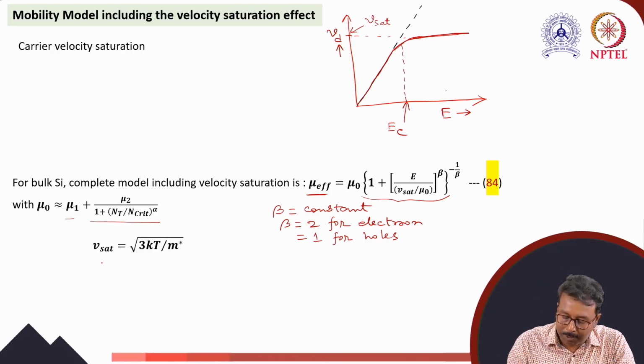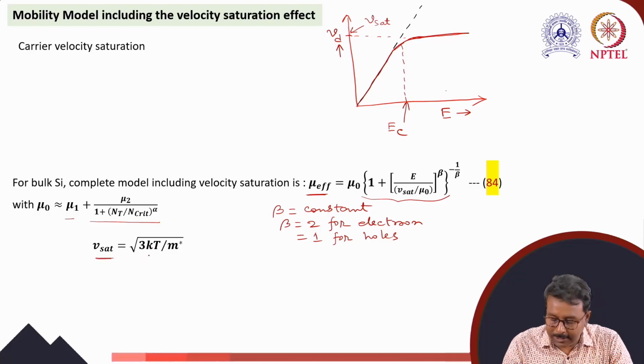And the formula for V saturation is defined as square root of 3 kT by m star. m star is the effective mass of the carrier. So it's proportional to the temperature T. If temperature T increases, saturation velocity also will increase. That means it will saturate at a higher value.